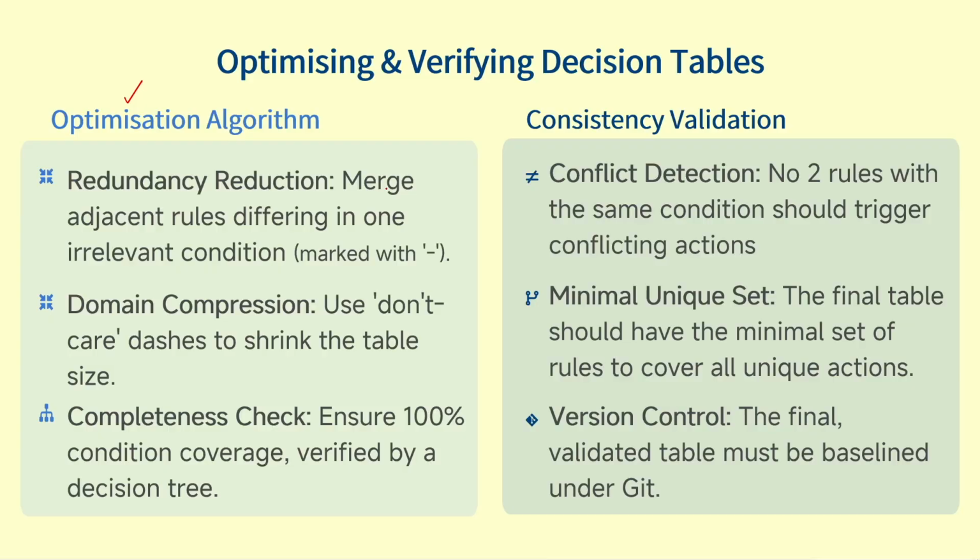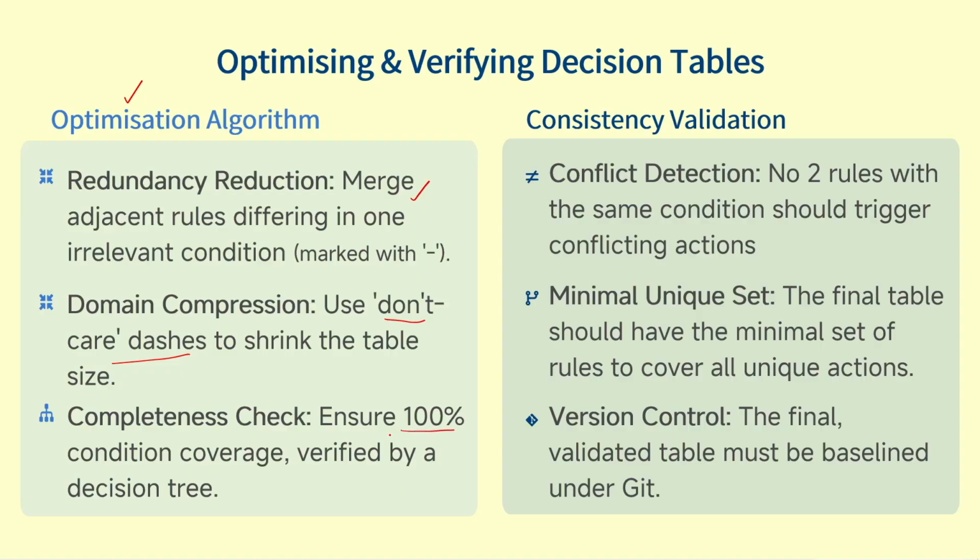Whenever there are adjacent rules differing in an irrelevant condition, only then you can merge them. Sometimes you can also use don't care dashes to shrink the table size. By maintaining all these diagrams and decision tables, we ensure 100% condition coverage, and that is done using our decision tree.